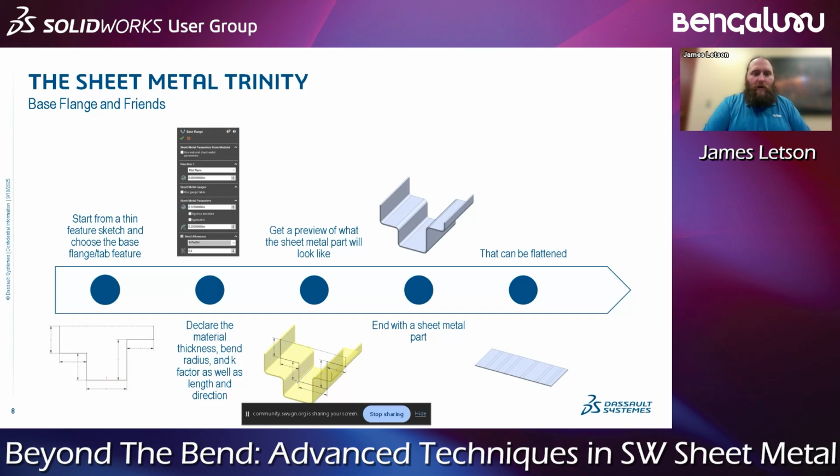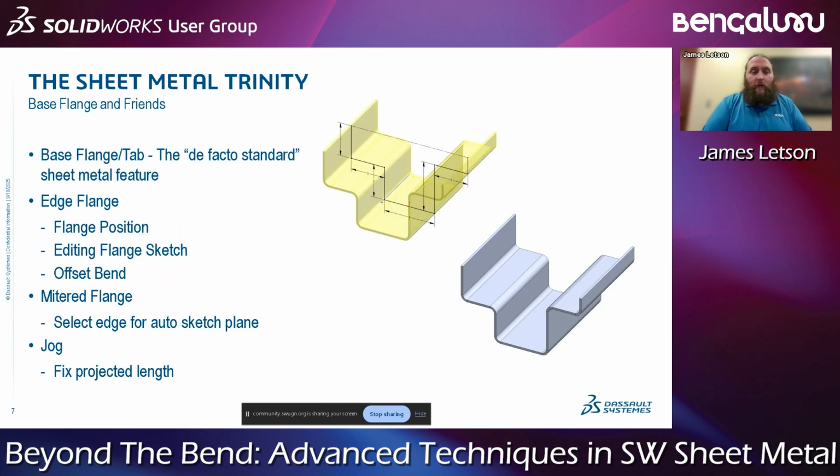We are going to declare material, bend radius, K factor, all that good stuff, get a preview of it. And ultimately the solution will be ending with a sheet metal part that can be flattened, right? So I'm going to go back one page just so I can keep an eye on that, because I'm going to need that on my second screen in a second. If I can get it pulled back up. Well, shoot. There we go.